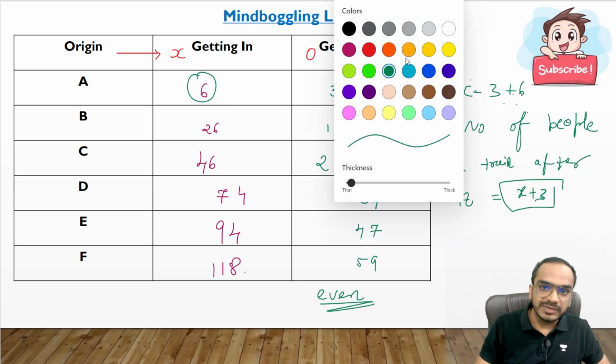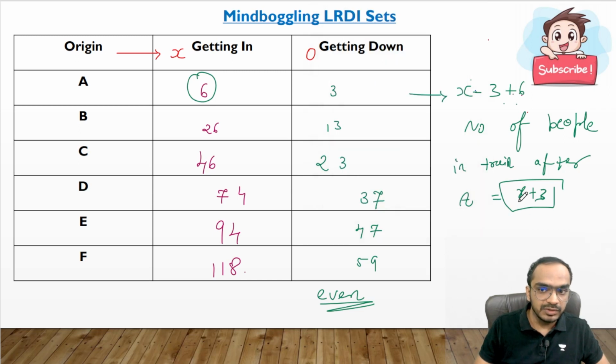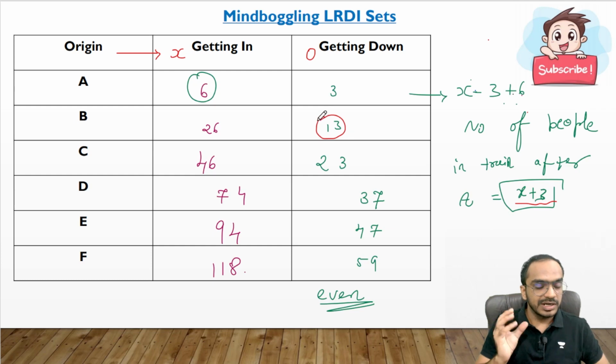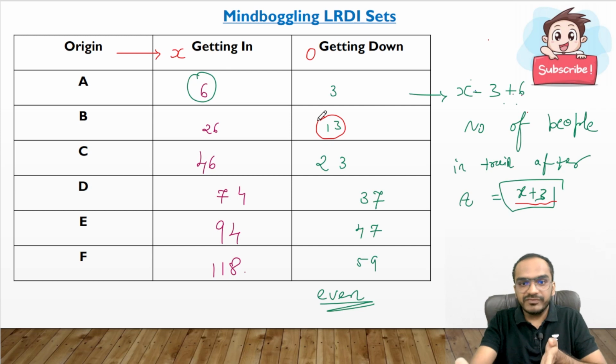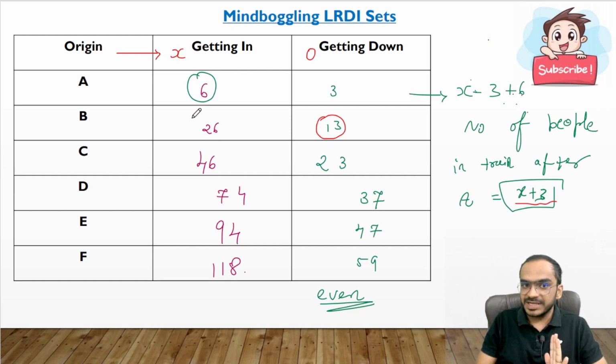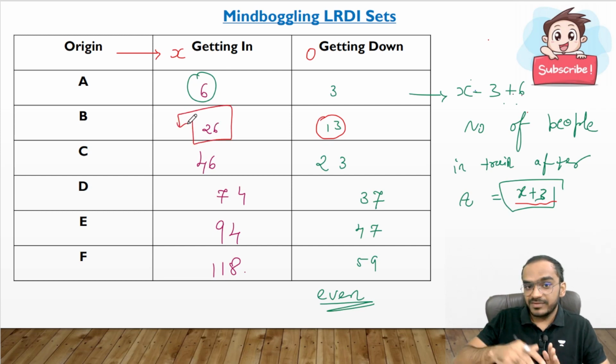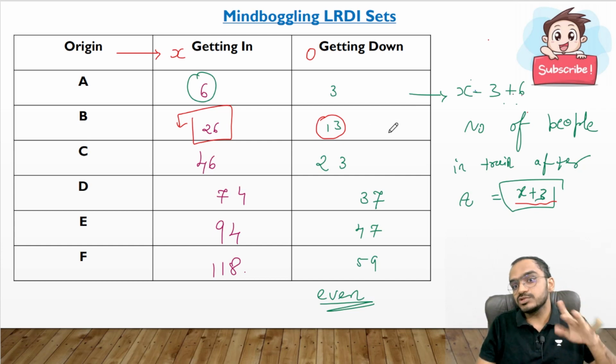So now see, we need to find out the minimum possible value of X. So for people to get down, 13 people to get down at B, right? है ना? पहले तो लोग उतरेंगे फिर लोग चढ़ेंगे ना. So these 26 people will get in after the people got down. So 13 people has to get down.